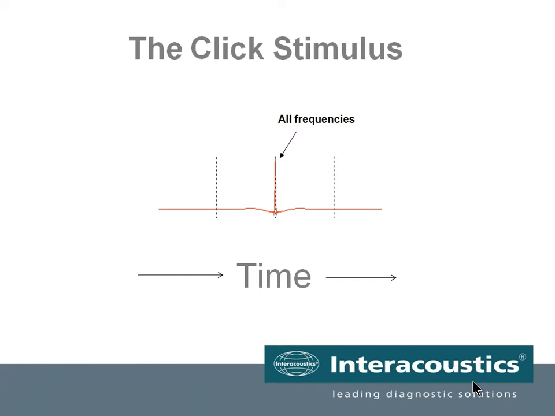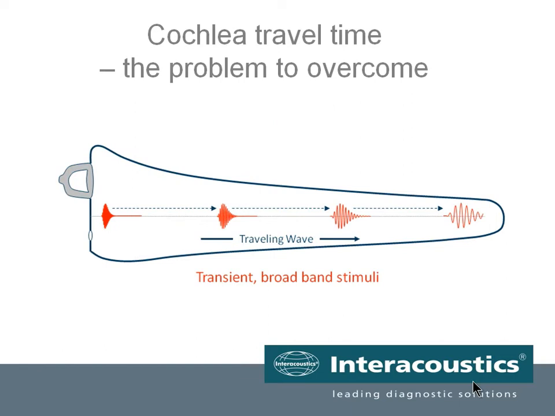But that is where we actually are mistaken, because inside the cochlea we have the basilar membrane and we have a travel time for sound when it arrives into the cochlea. If we look at this picture, then over here we have the stapes, and the click is introduced into the cochlea through a movement of the stapes.